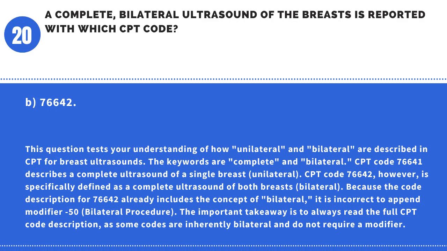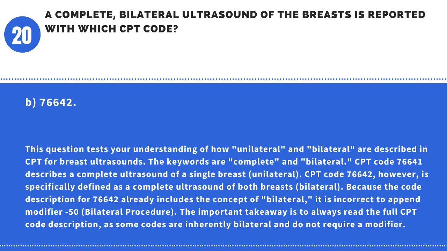Answer B. 76642. This question tests your understanding of how unilateral and bilateral are described in CPT for breast ultrasounds. The keywords are complete and bilateral. CPT code 76641 describes a complete ultrasound of a single breast, unilateral.